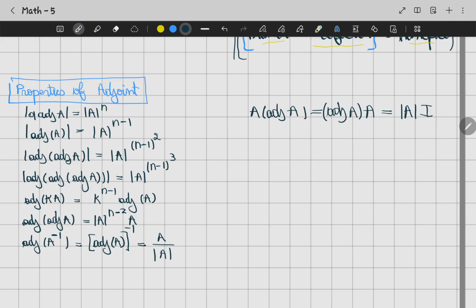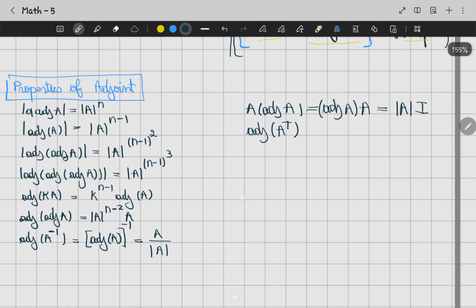Next, we're going to see the adjoint of a transpose. The answer to this will give us adjoint A transpose.